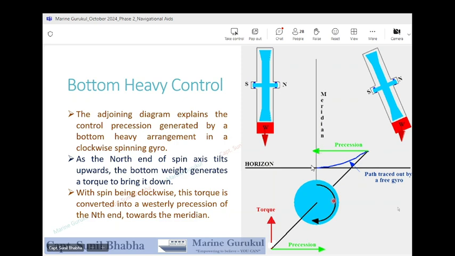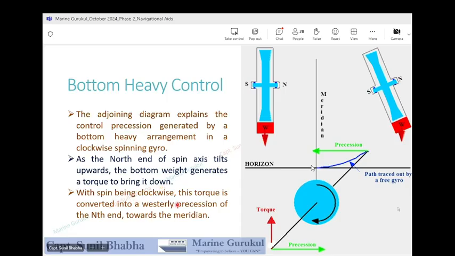So if the gyro is spinning clockwise, the weight has to be fitted at the bottom to generate the similar effect. So same thing is explained here. The diagram explains the control precession generated by a bottom heavy arrangement in a clockwise spinning gyro. As the north end of the spin axis tilts upwards, the bottom weight generates a torque to bring it down.